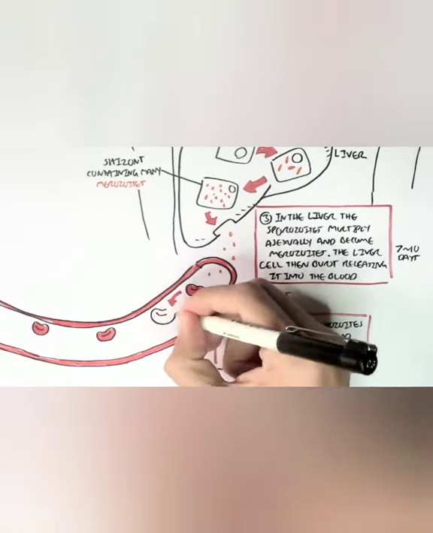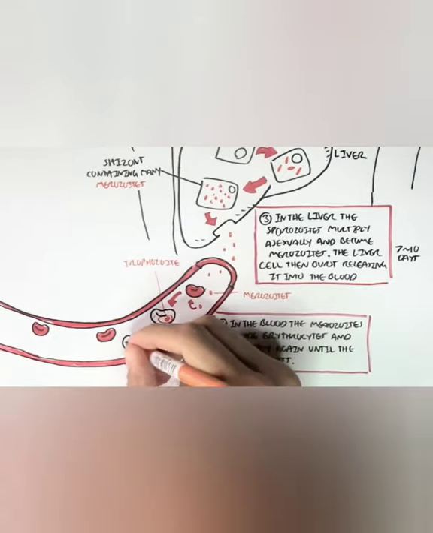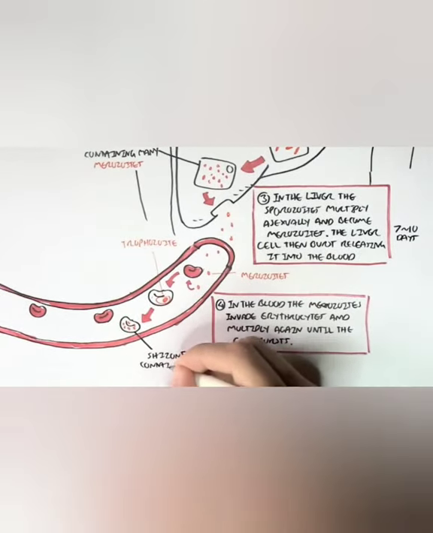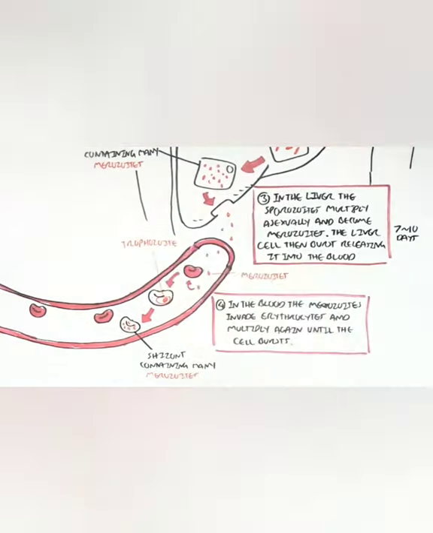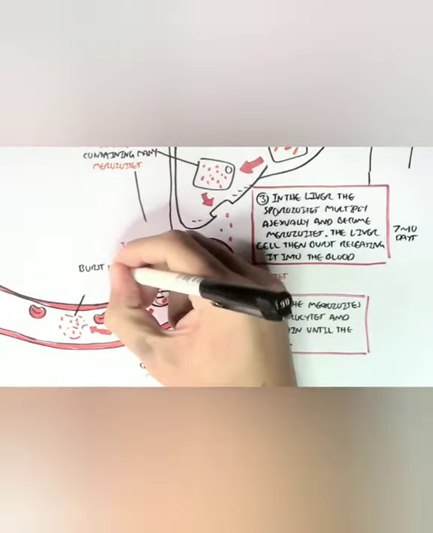The merozoite within the red blood cell will form into a ring-like structure and then a trophozoite. And from this trophozoite stage, it will multiply asexually to form many, many more merozoites. With many, many more merozoites, the red blood cell will just burst, releasing all these merozoites again back into the bloodstream.